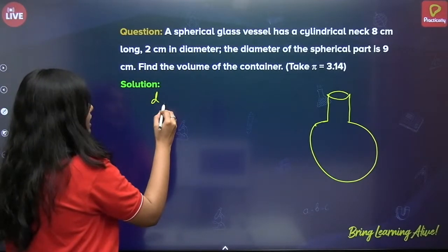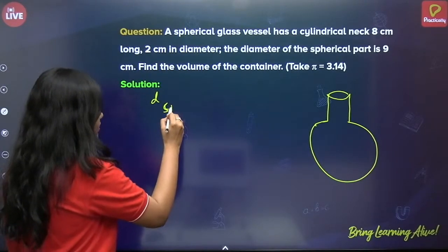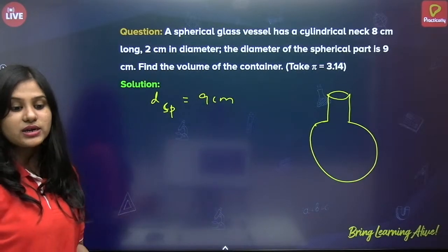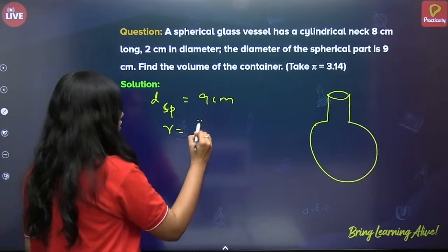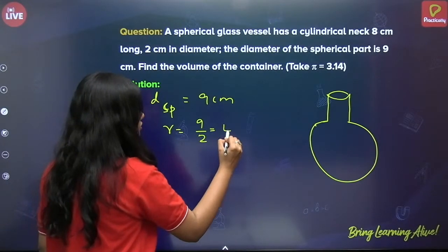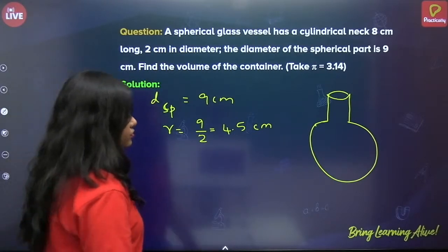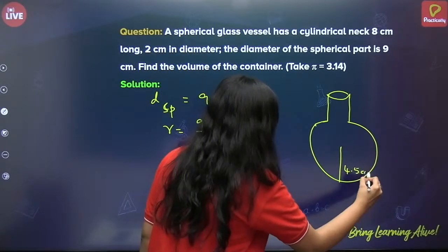So if diameter of the spherical part is equals to 9 centimeters, what will be its radius? Radius will be equals to 9 by 2. So R is equals to 9 by 2 is equals to 4.5 centimeter, right? So this radius is 4.5 centimeter.